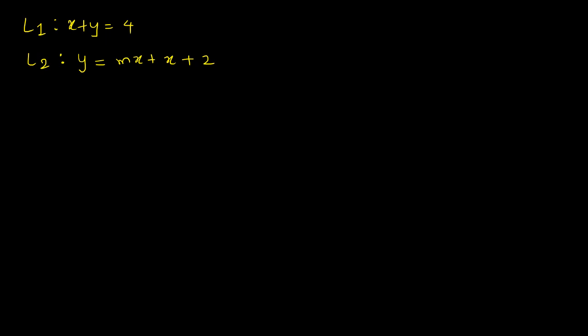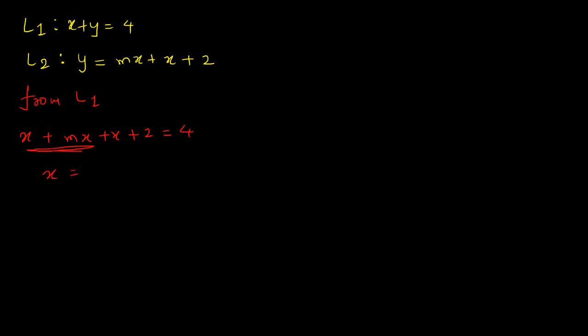Now let's solve equations L1 and L2. What I am doing is, from L1 and using L2, I can write x plus mx plus x plus 2 equal to 4. If I solve this, I'll get x.